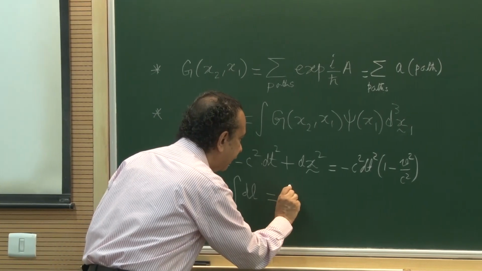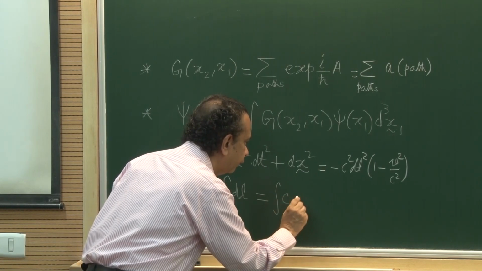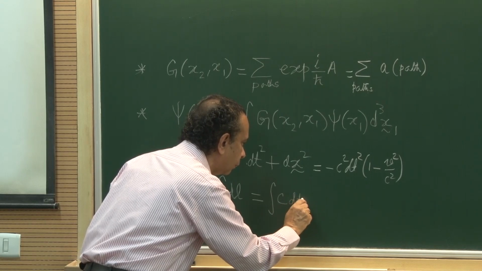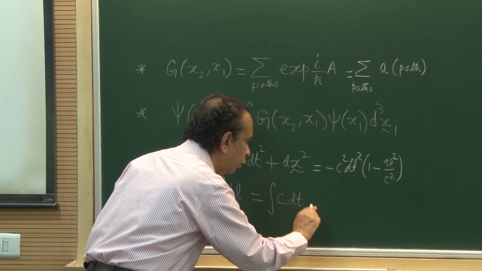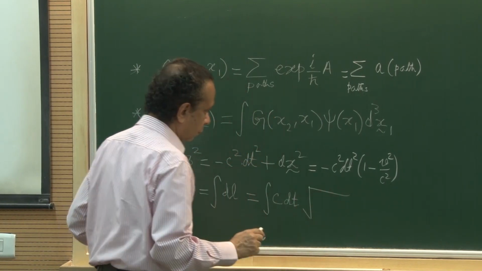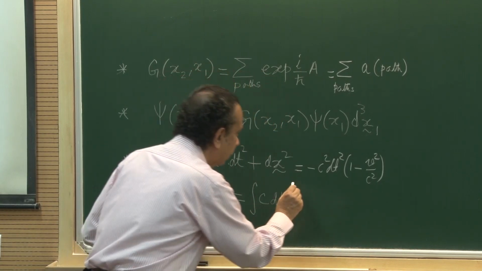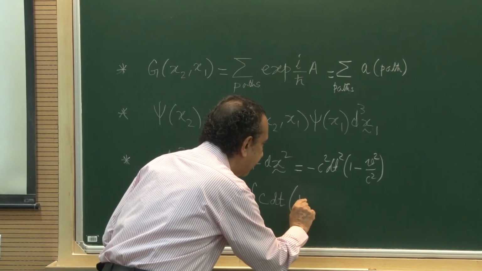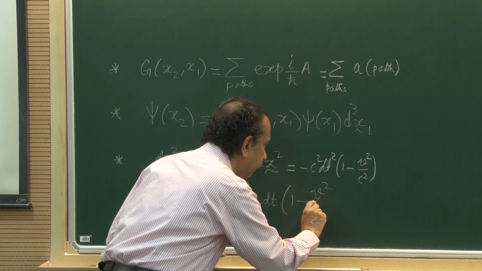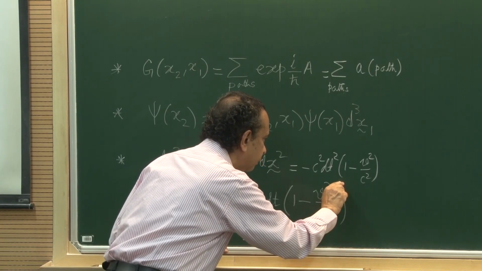So it is going to be the integral of c dt into the square root of 1 minus v square by c square, to the power half.